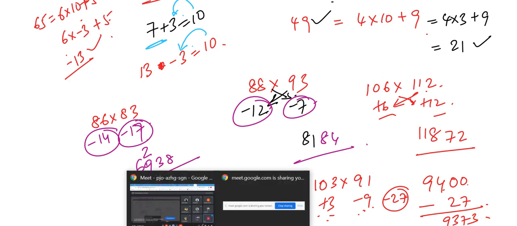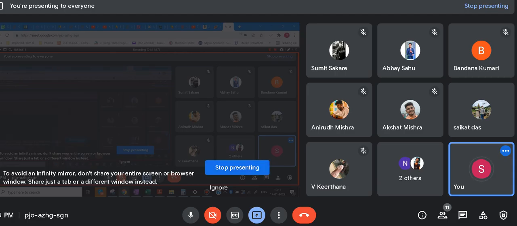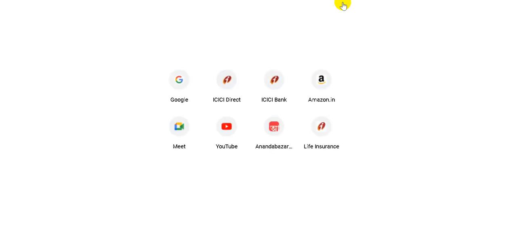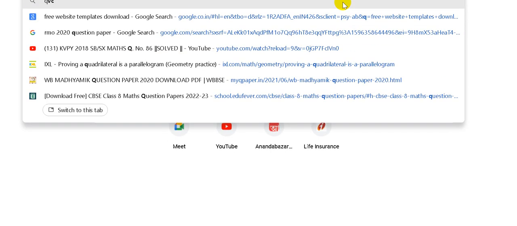Okay, you wanted problems on the remainder theorem. Just let me check if I have. You can send a PDF as well, if you have.